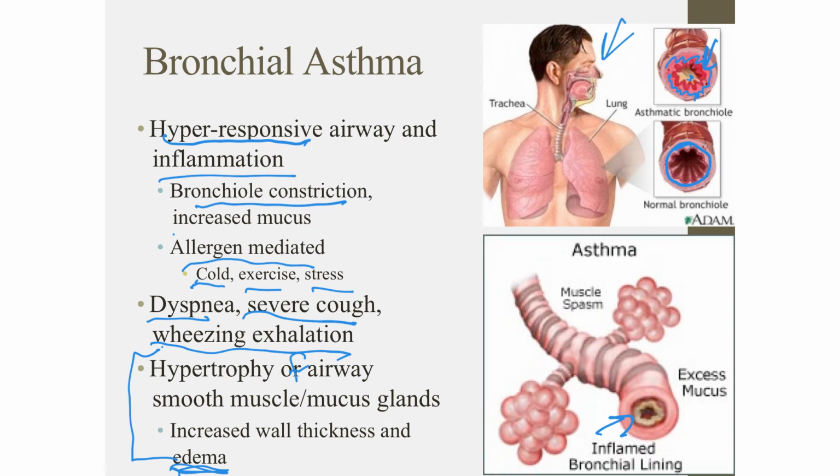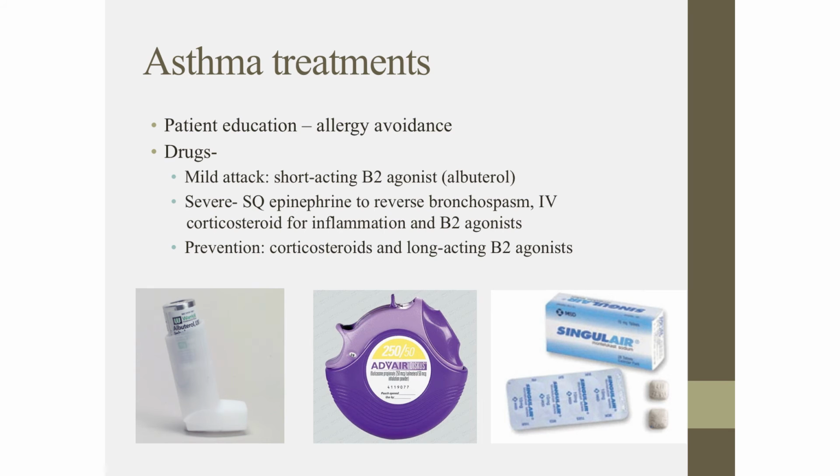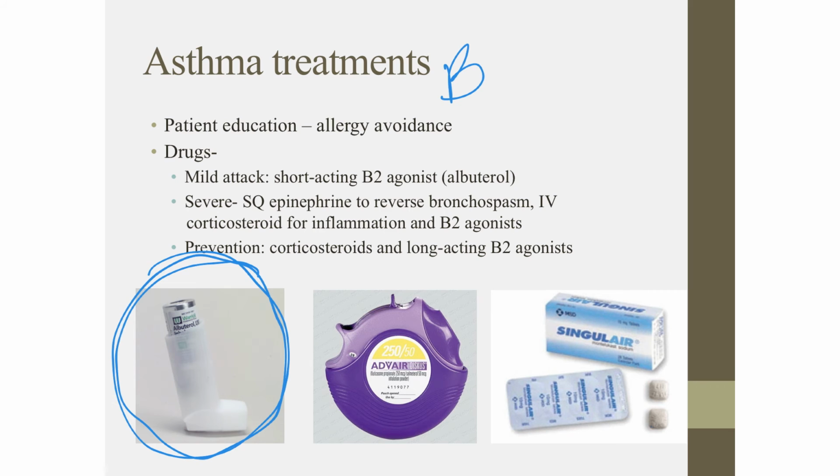All right, so when we get this hyper-responsiveness, this bronchospasm due to either allergens, exercise, cold, heat, sickness, there is one thing that is almost always used, and that is the rescue inhaler. The treatment for asthma is on, hopefully, prevention, but also on immediate resolution of the symptoms.